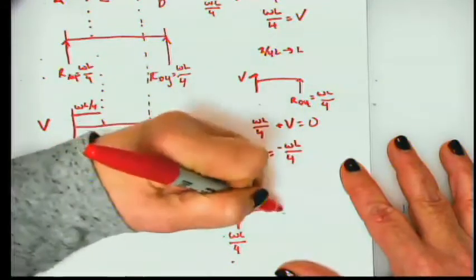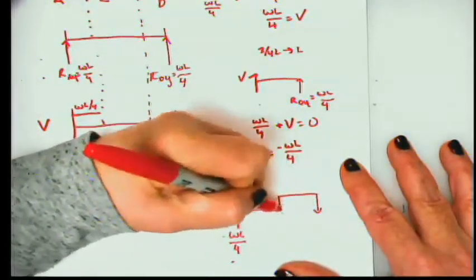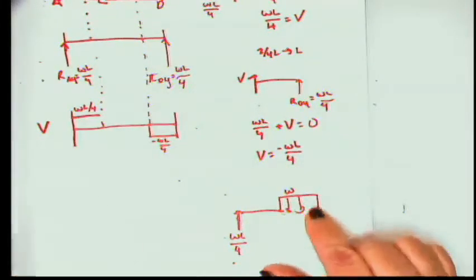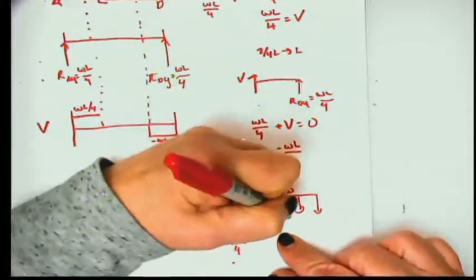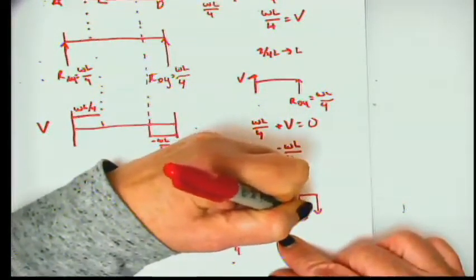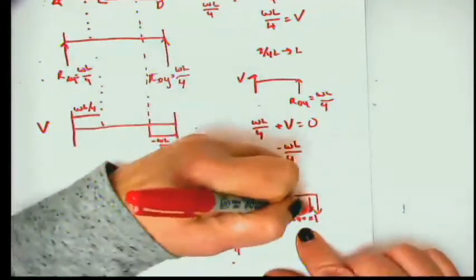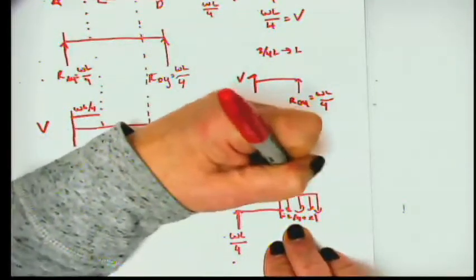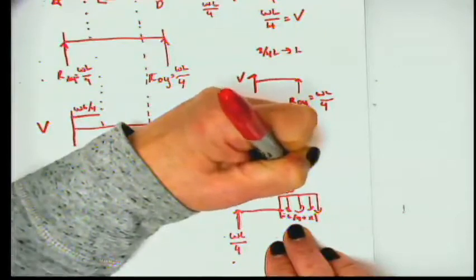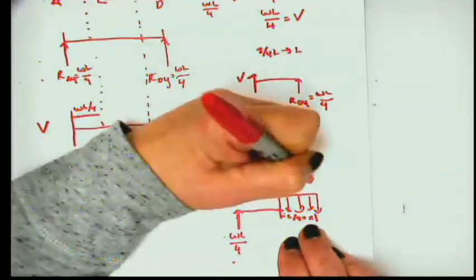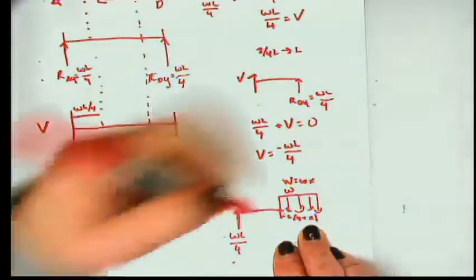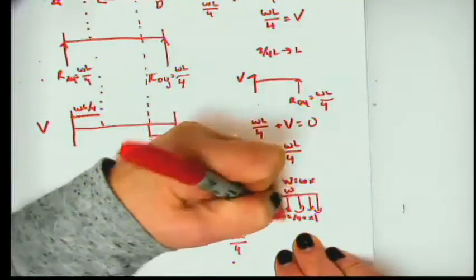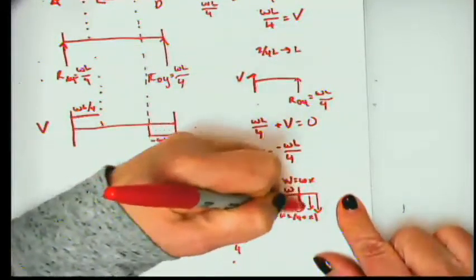Then I go some distance, and then here I'm going to have this, which is W. If I call this L over 4 plus X, in other words, however far I am into the load curve, whether it's 1 unit, 2 units, whatever, I could say that my W at that point would be equal to W times X, right? So wherever I am, I'm going to have that load immediately to the left of WX.